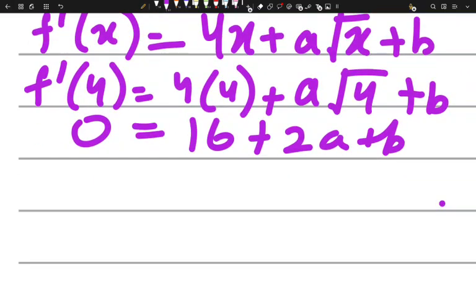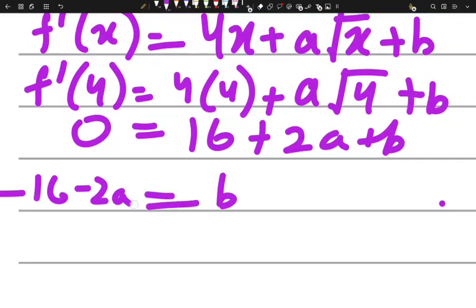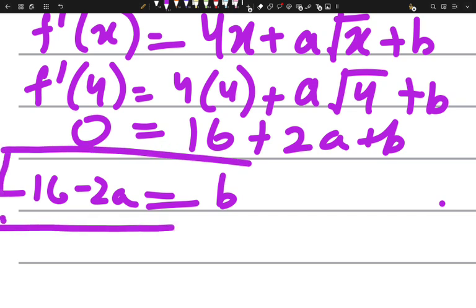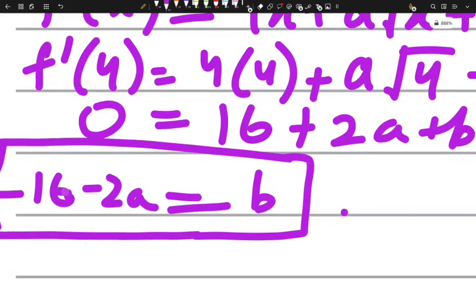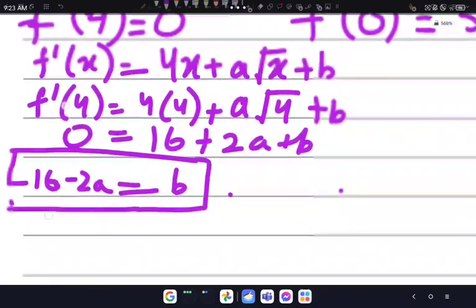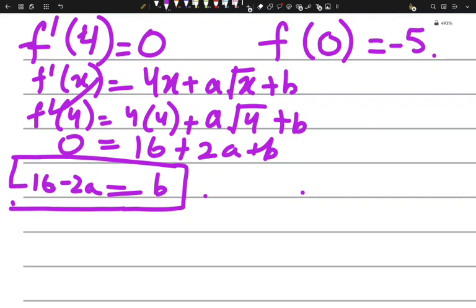So I can make b the subject and equate it to -16 minus 2a. There you go, we have our expression for b. This is what b represents, -16 minus 2a.